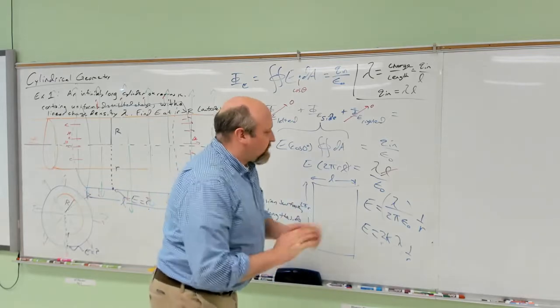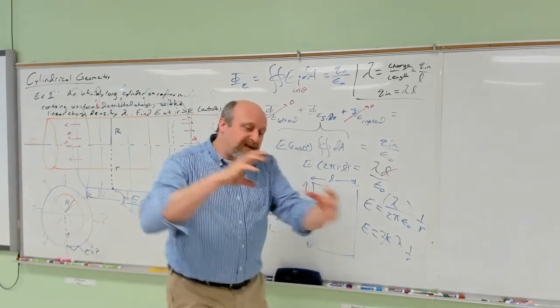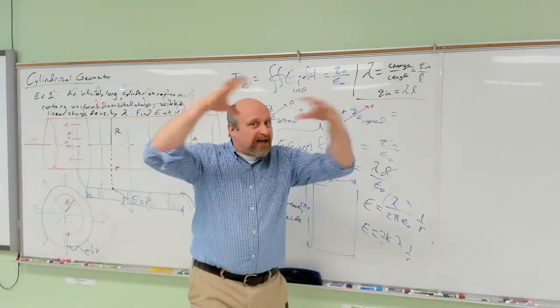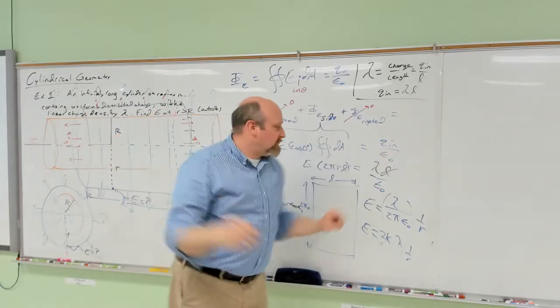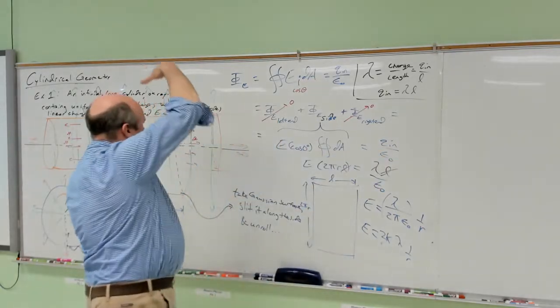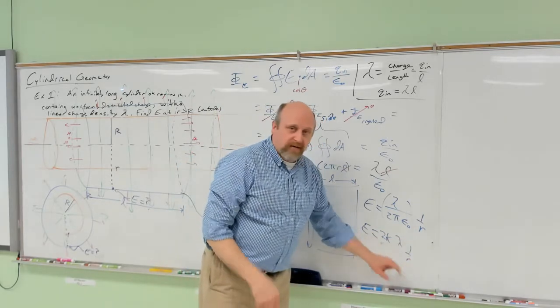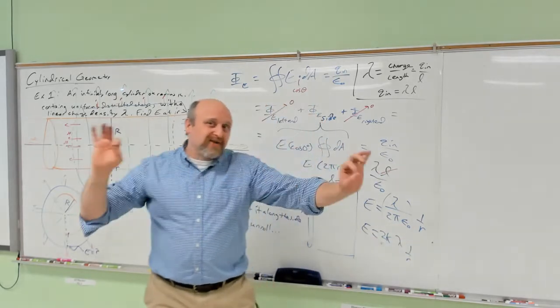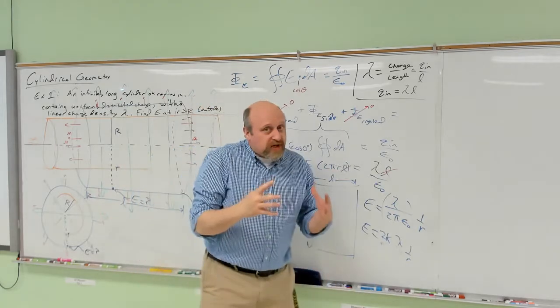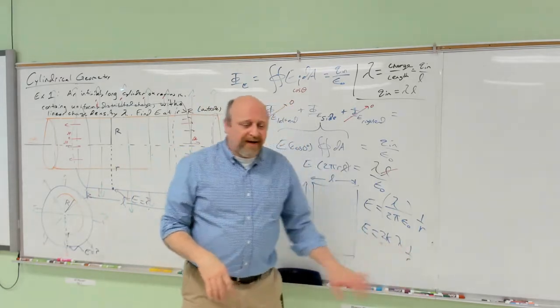If I have a point charge, it spreads out evenly in all directions in 3D, like an expanding sphere. This is going to be like an expanding cylinder as it spreads out. So my field strength drops off as 1 over r when I have linear or cylindrical geometry. When I have spherical geometry, it's 1 over r squared. That's worth knowing.